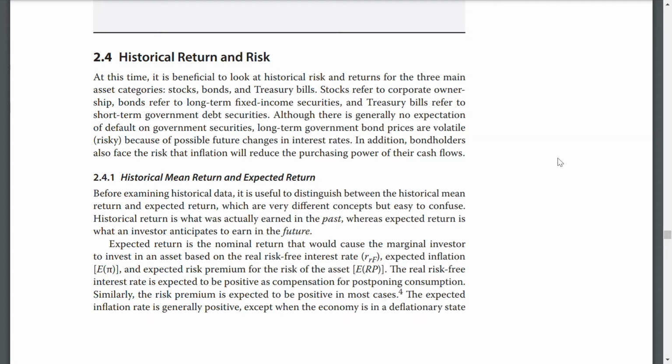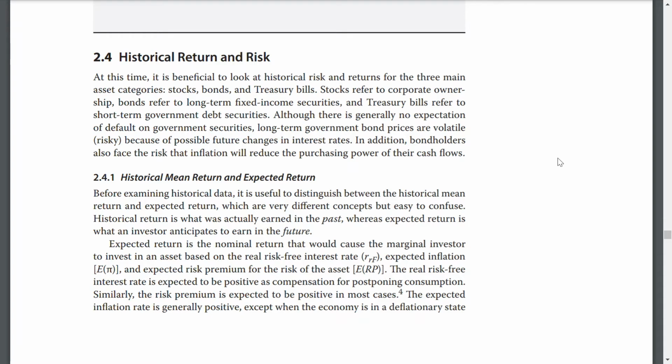Historical mean return and expected return. Before examining historical data, it is useful to distinguish between the historical mean return and the expected return, which are very different concepts but easy to confuse. Historical return is what was actually earned in the past, whereas expected return is what an investor anticipates earning in the future.